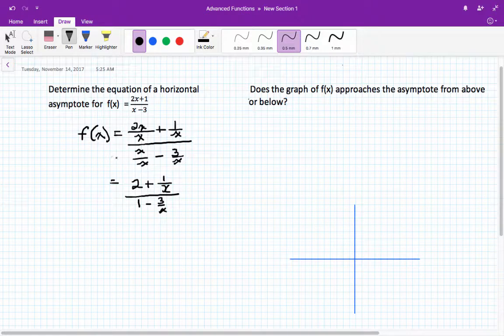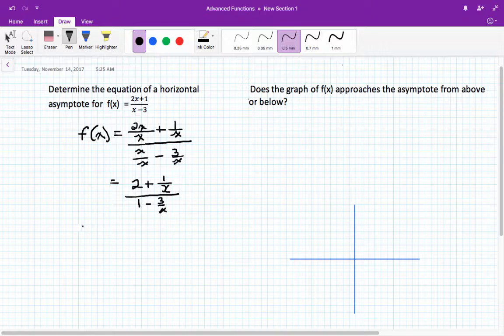So remember that we're looking for the end behavior as x approaches positive or negative infinity. As x gets really big, whether it be positive infinity or negative infinity, 1 over x becomes very small, approaching 0. Same thing in the denominator with this 3 over x. It approaches 0.